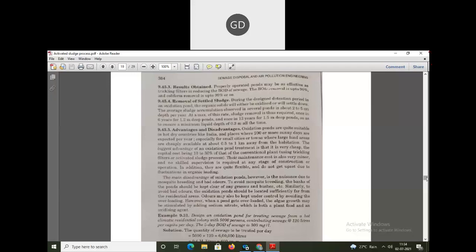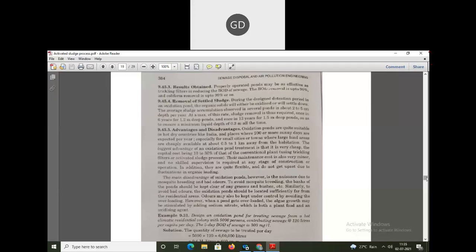Especially for small cities or towns where a large land area is cheaply available, about 0.1 to 1 kilometer away from the habitation of people.